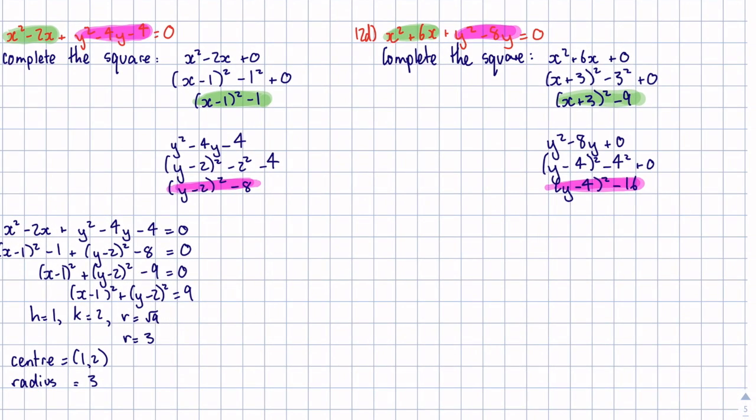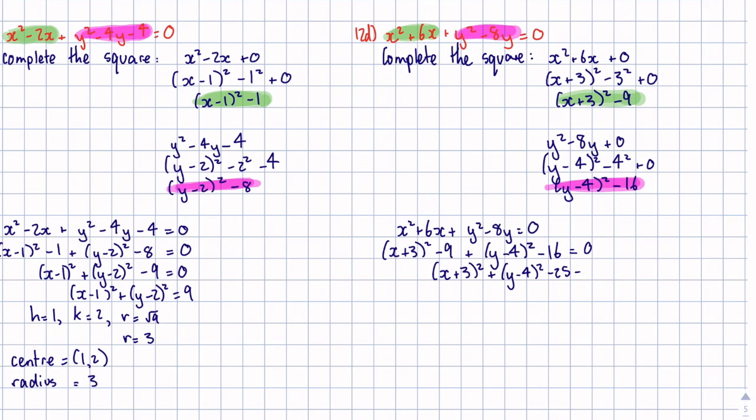Which means instead of having my question x squared plus 6x plus y squared minus 8y equals 0 and having to try and graph that, I can put in (x plus 3) squared minus 9 plus (y minus 4) squared minus 16 equals 0. The 9 and the 16 are common terms, so I've got (x plus 3) squared plus (y minus 4) squared minus 25 equals 0.